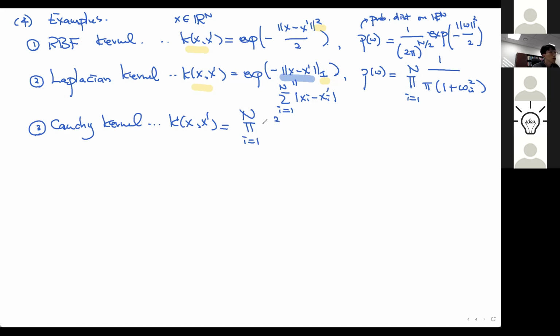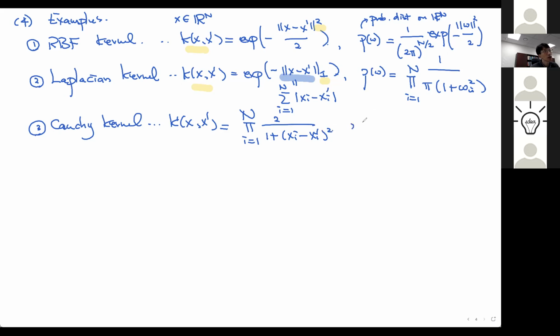It's a product of 2 over 1 plus xi minus xi prime squared. This is even slower: when x and x prime get far apart, the number becomes smaller, but at a much slower rate than the Laplacian kernel.